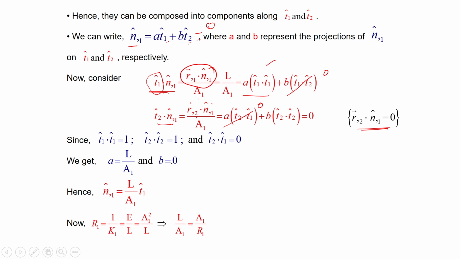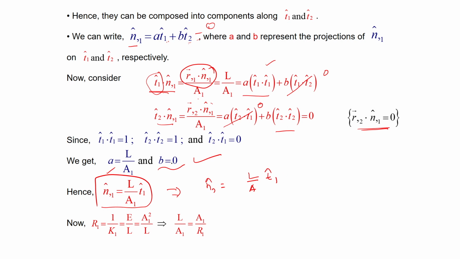From these two equations, B comes 0 and A comes L by A1. So we can say that n comma 1 can be L by A1 into T hat 1.